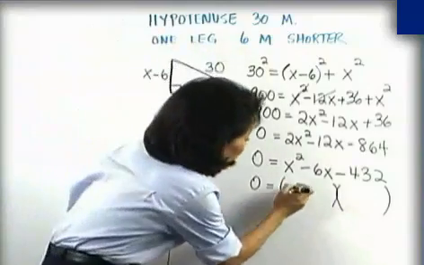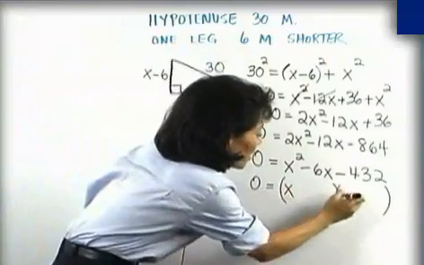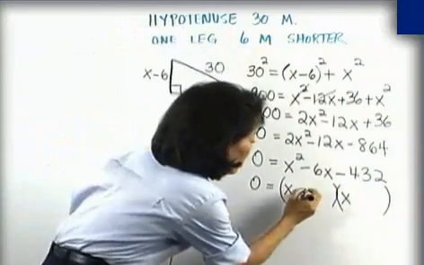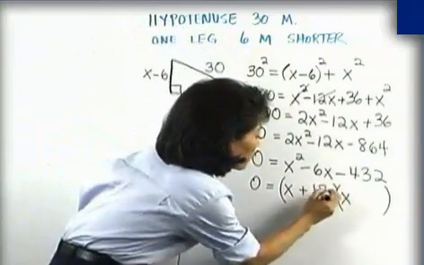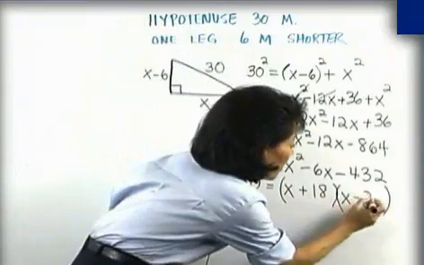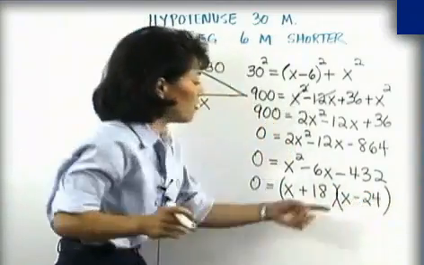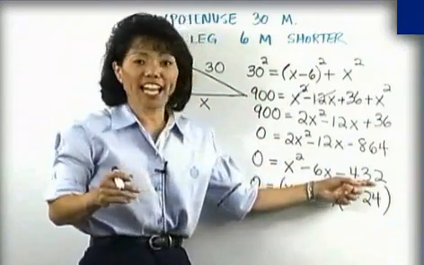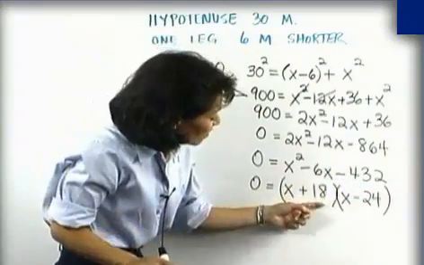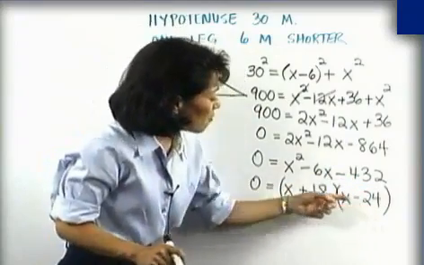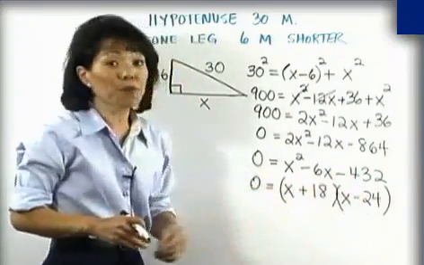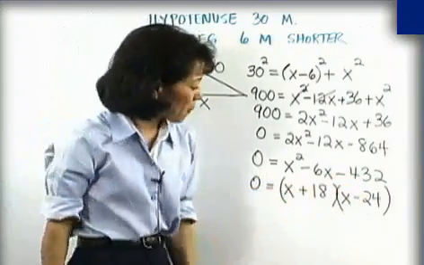Now I'll confess to you that it took me a little bit of time to find these numbers, but I found out that positive 18 times a negative 24 have a product of negative 432, and it's easy to see that their sum adds up to negative 6. So indeed, this number is factorable.